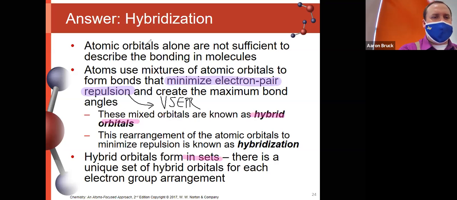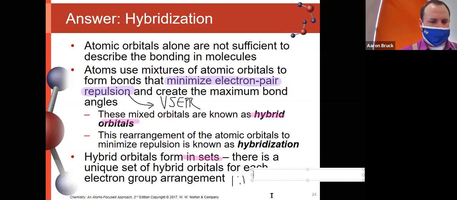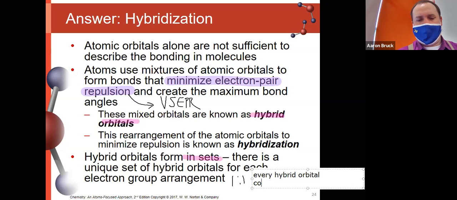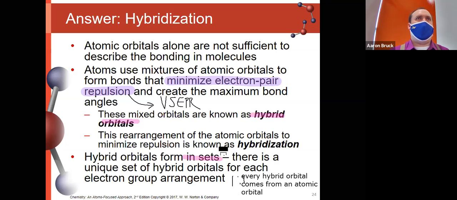And the formation of those is 1-to-1, meaning every hybrid orbital comes from an atomic orbital.